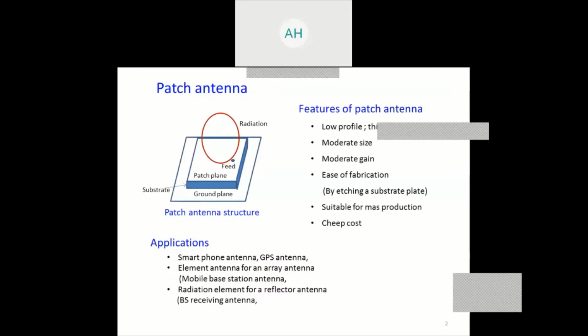First of all, I will explain patch antenna. This figure shows the structure of a patch antenna. A patch antenna is composed of three parts: patch plate, substrate, and ground plane, and somewhere a feeding point is placed.